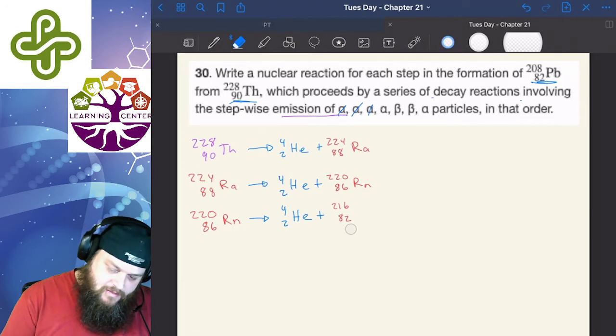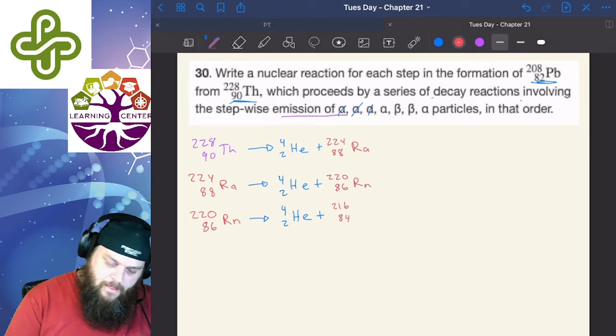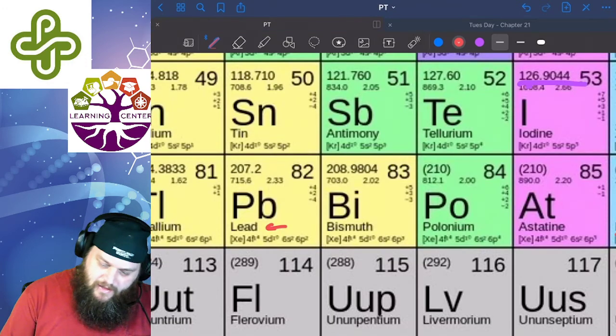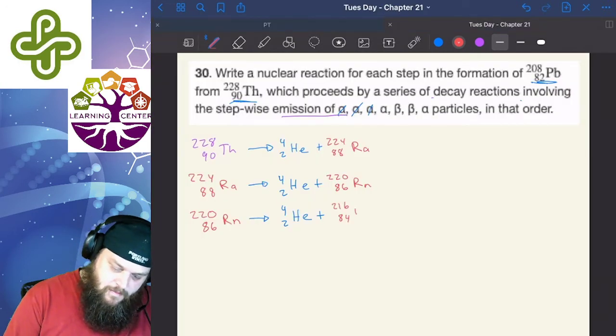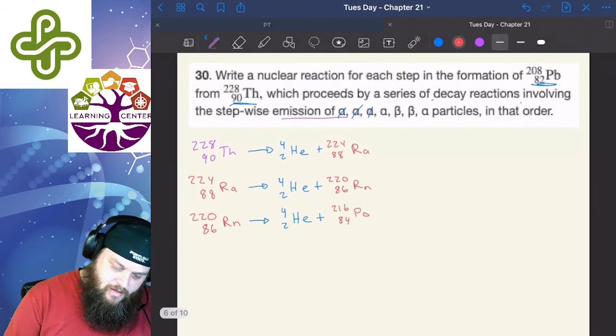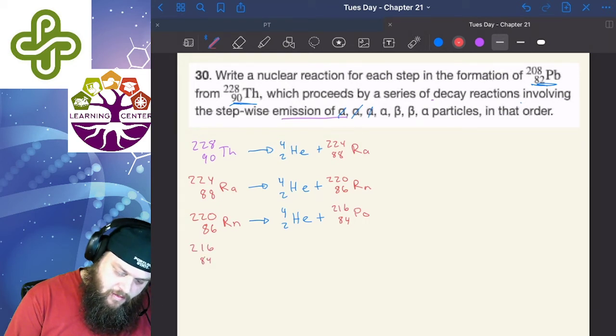This should have been minus 2. Should be 84. I was subtracting 2 from there instead. So 84 is not lead yet. We have polonium. Po. So that's 1, 2, 3. One more. So that's 216, 84.